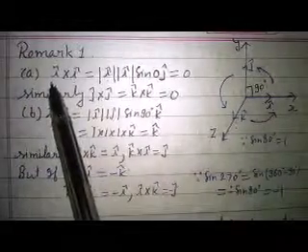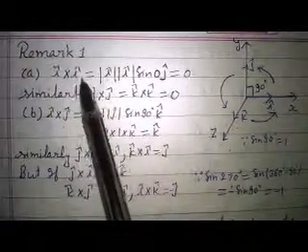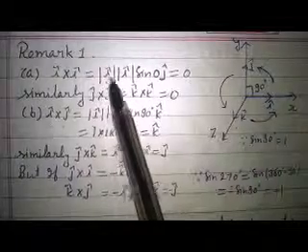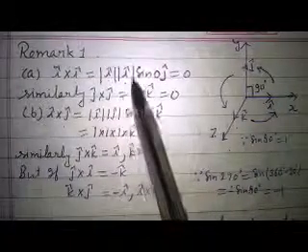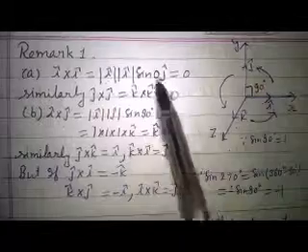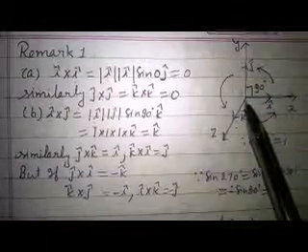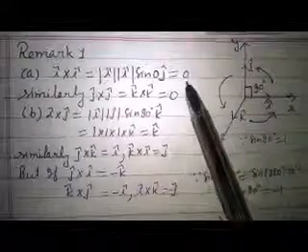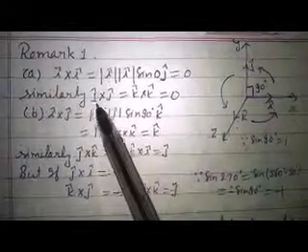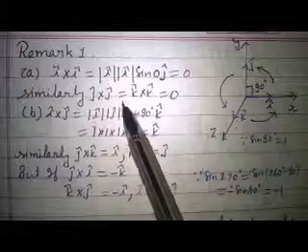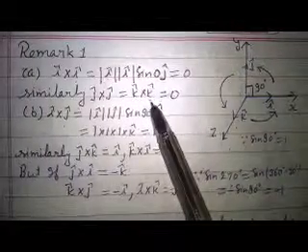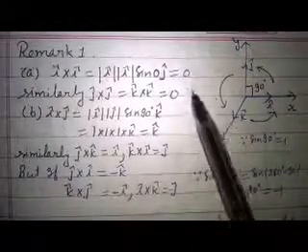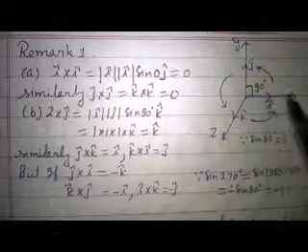i cap cross i cap is equal to magnitude of i cap multiply magnitude of i cap sine 0 degree j cap. Here the angle between i cap and i cap is 0, so sine 0 is 0. Similarly, j cap cross j cap is equal to k cap cross k cap is equal to 0, because sine 0 is 0.